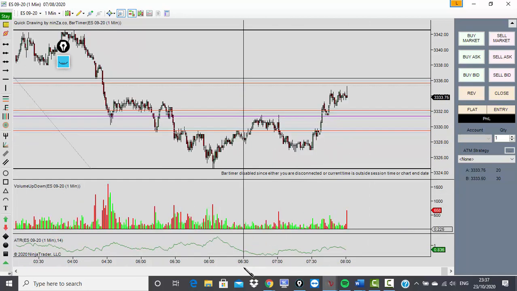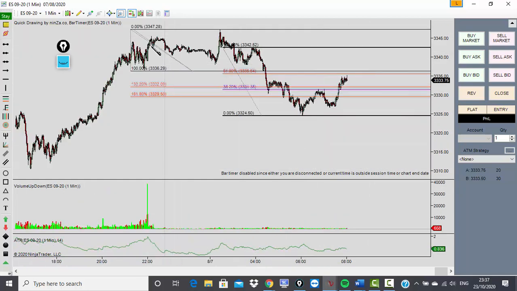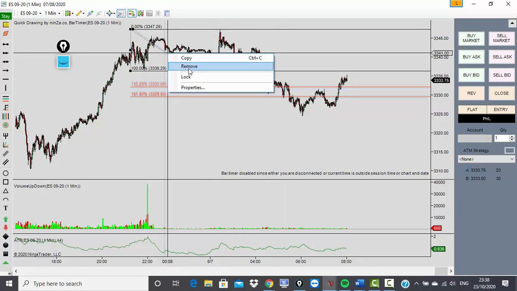Now let's have a look at an example. This is a range. This is not inside the range. This is back from a 61.8 or a 161.8 extension. But other examples might be, for example, let's take all that off.